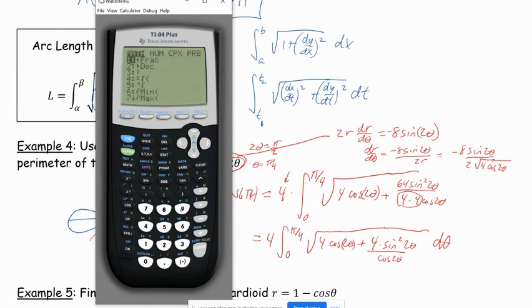Four times math 9. That gives me an integral from 0 to pi over 4, and then we have the square root of 4 cosine 2 theta plus 4 sine of 2 theta squared divided by cosine 2 theta.